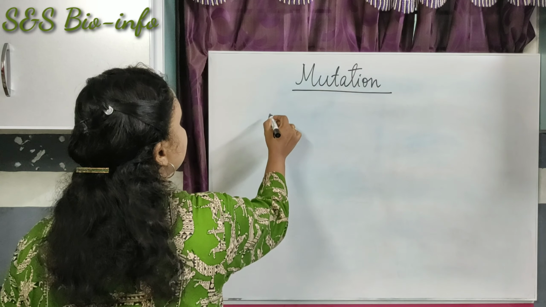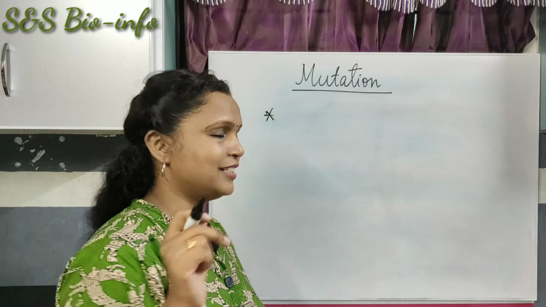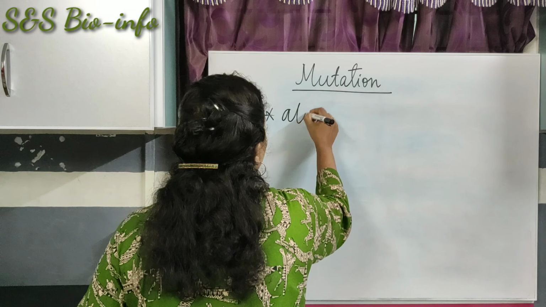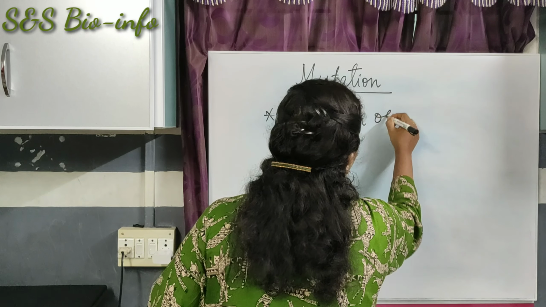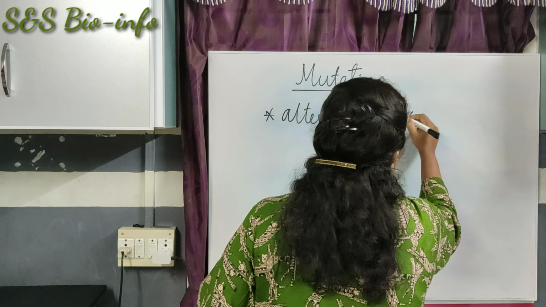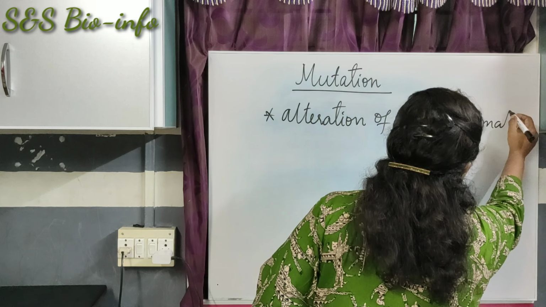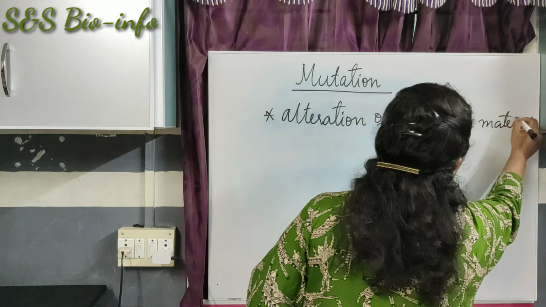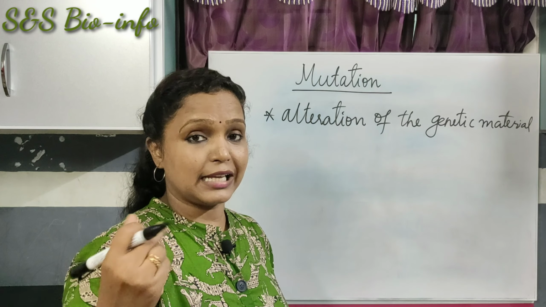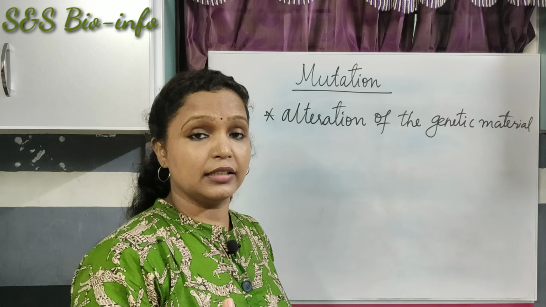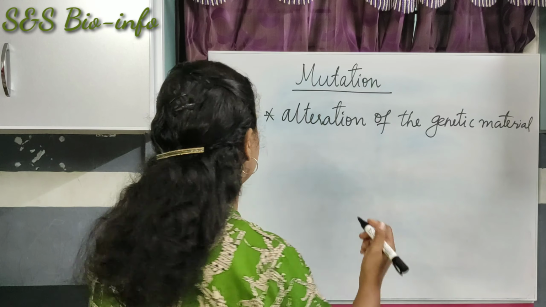First of all, it is the alteration of the genetic material. The genetic material could be RNA or DNA. What is the second point? It results in changes of the genotype and the phenotype of an organism.